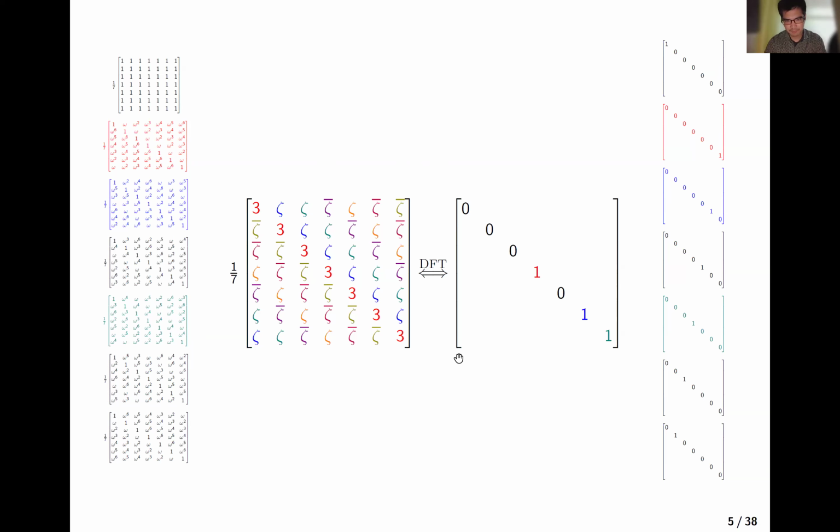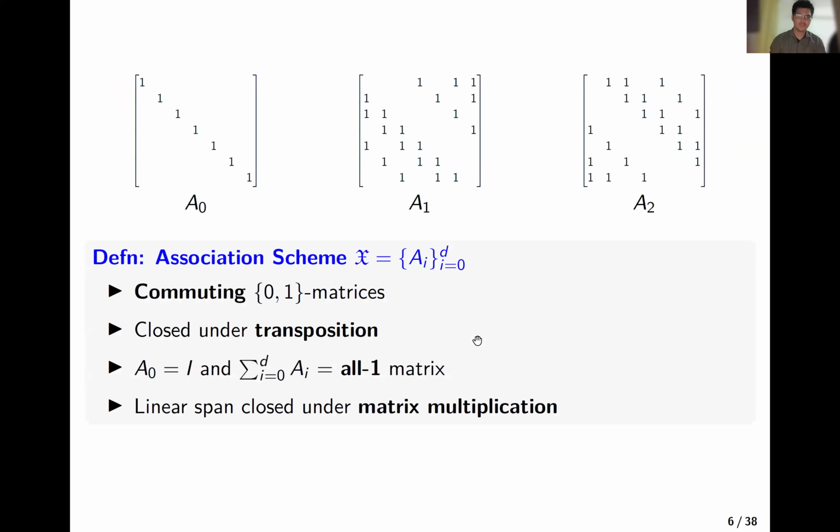And thus, to answer the question of where these things come from and which ones we add together, enter the concept of the association scheme. An association scheme is a collection of 0-1 matrices which commute and are closed under transposition, such that the first one is the identity, and these all partition the all-1 matrix.